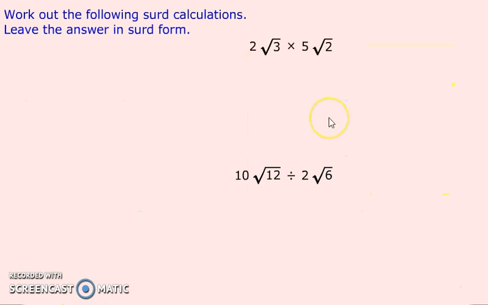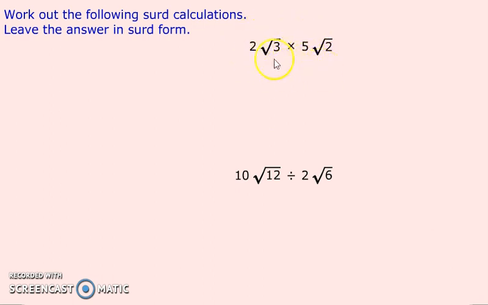So work out the following surd calculations. You can leave your answers in surd form, I mean in the square root form. Okay. So you can see the numbers 2 square root of 3 and 5 square root of 2. The very basic rule is you multiply numbers with the same powers together only. So 2 and 5, they have the same powers, 1 and 1.